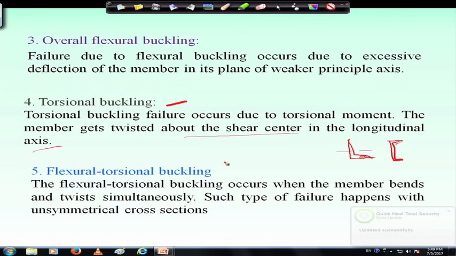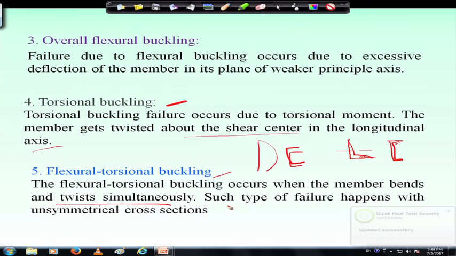Another type of buckling is called flexural torsional buckling. This is nothing but the buckling which occurs when the member bends and twists simultaneously. That means the member will bend, and it will also twist, maybe like this.